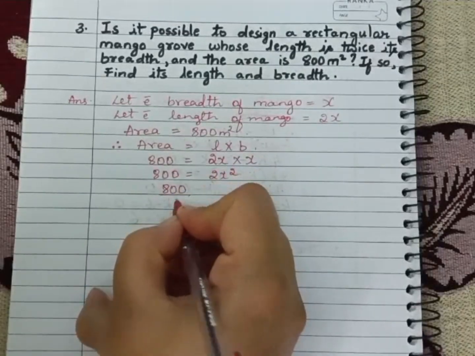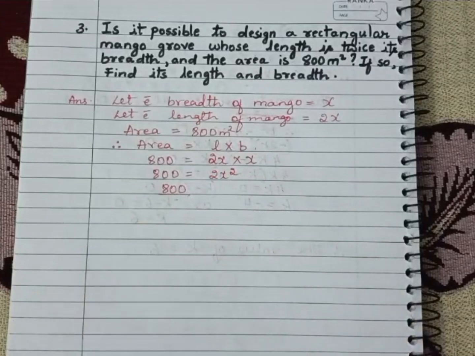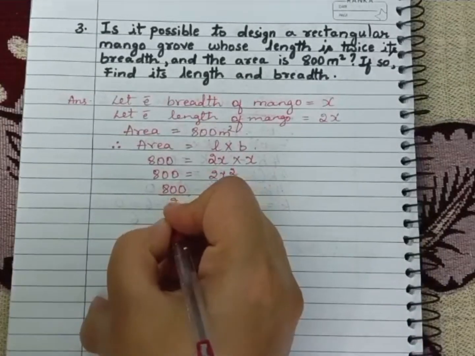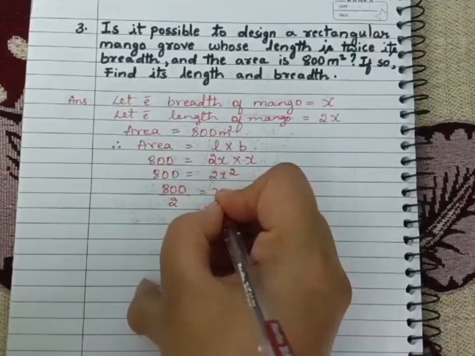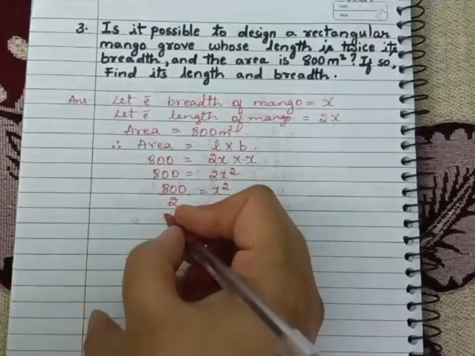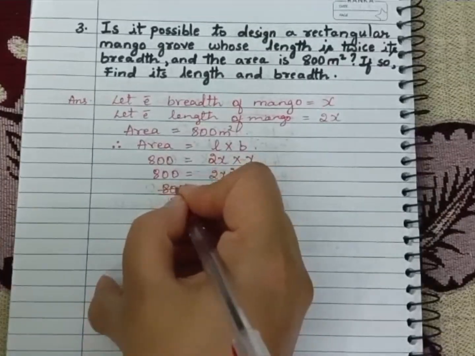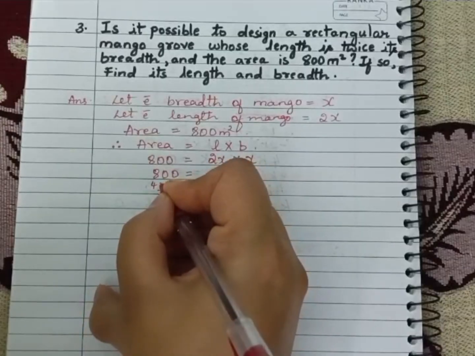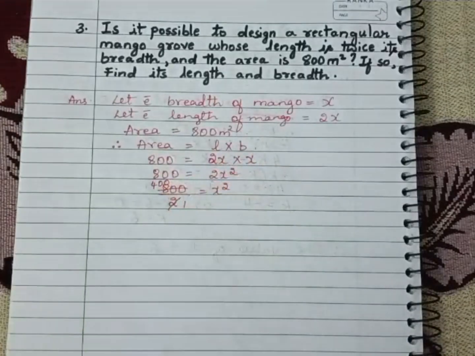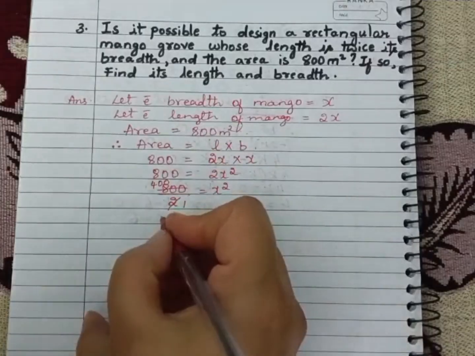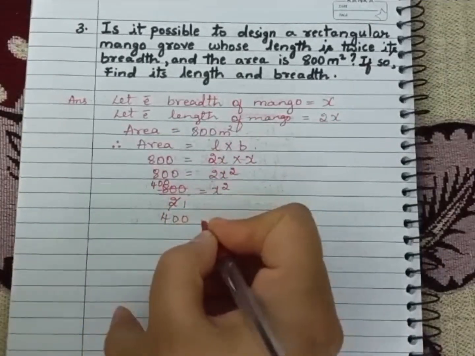So 800 by 2, when it is changing to the left hand side, it becomes divided. That is 800 divided by 2 is equal to x square. Now this I'm going to cross multiply. 2 ones are 2 and 2 400s are 800. So 400 is equal to x square.